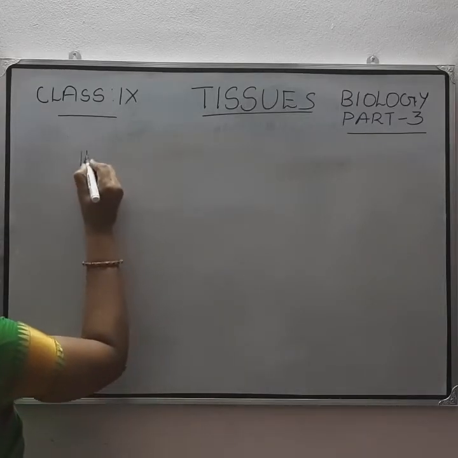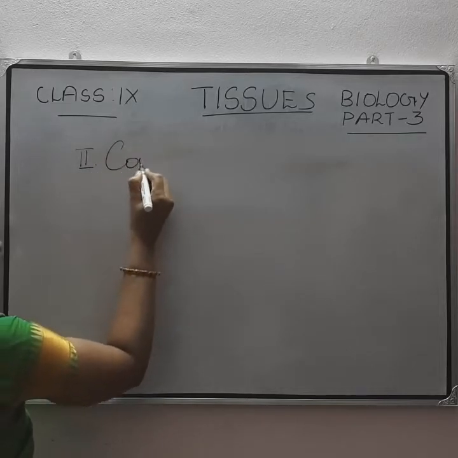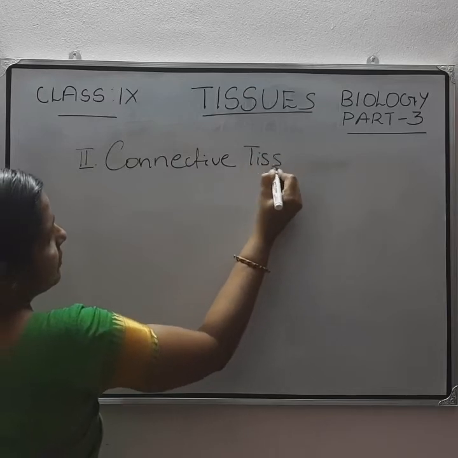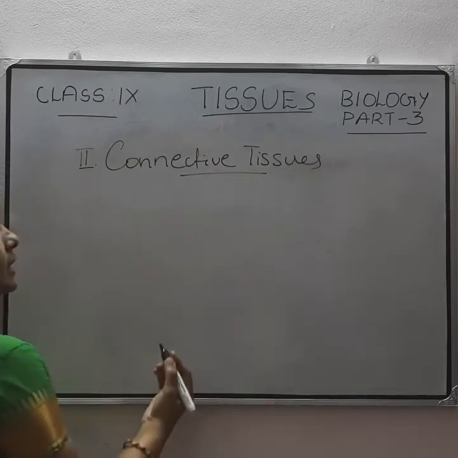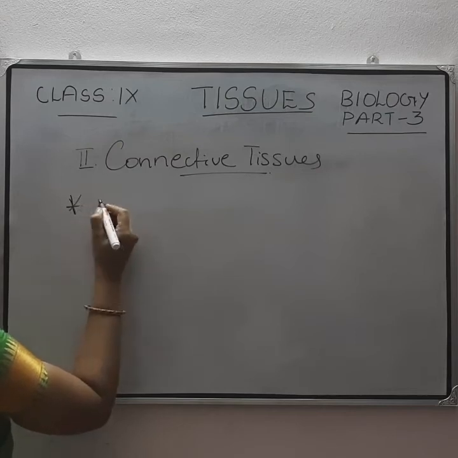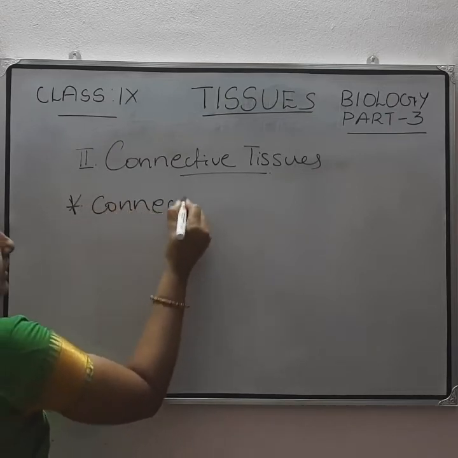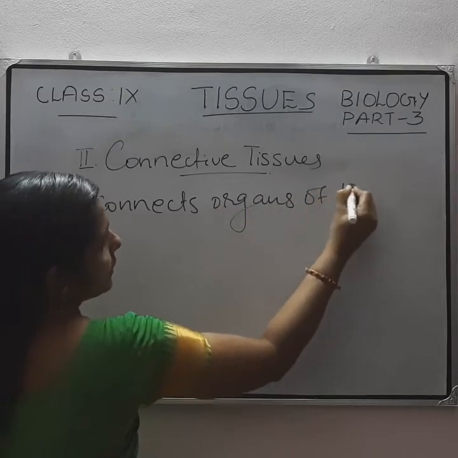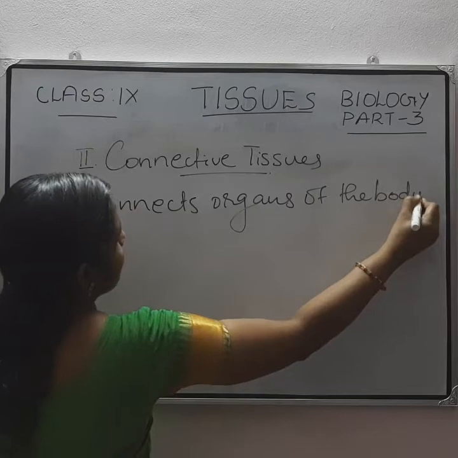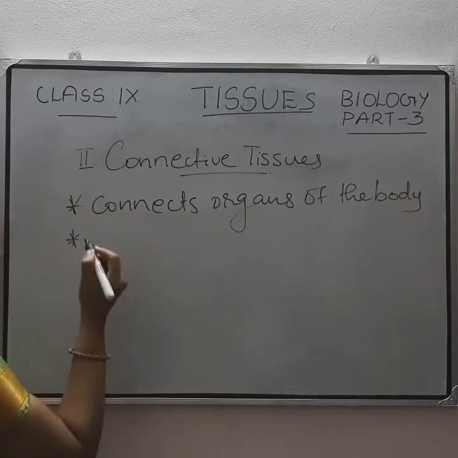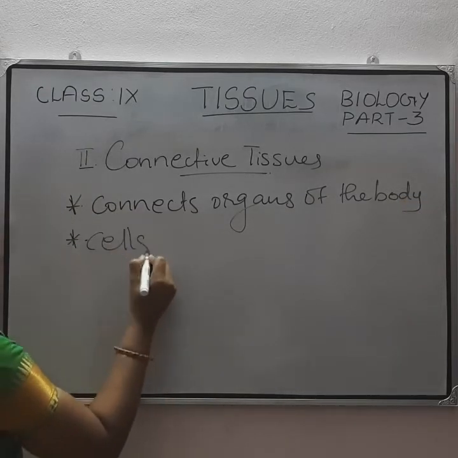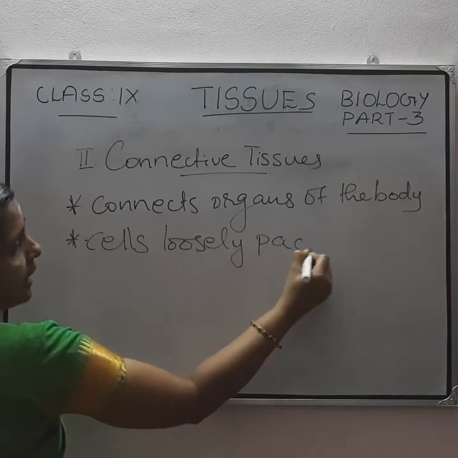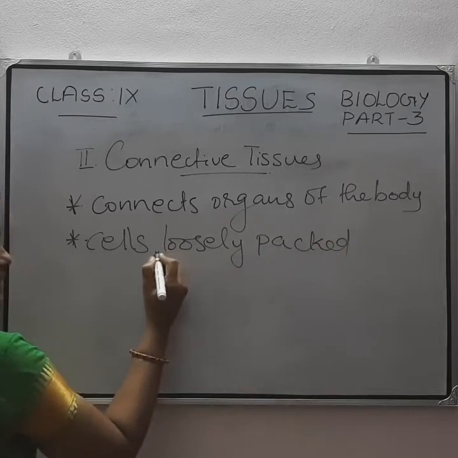Next, the second one is connective tissue. Connective tissues connect organs of the body. In connective tissues, the cells are loosely packed.